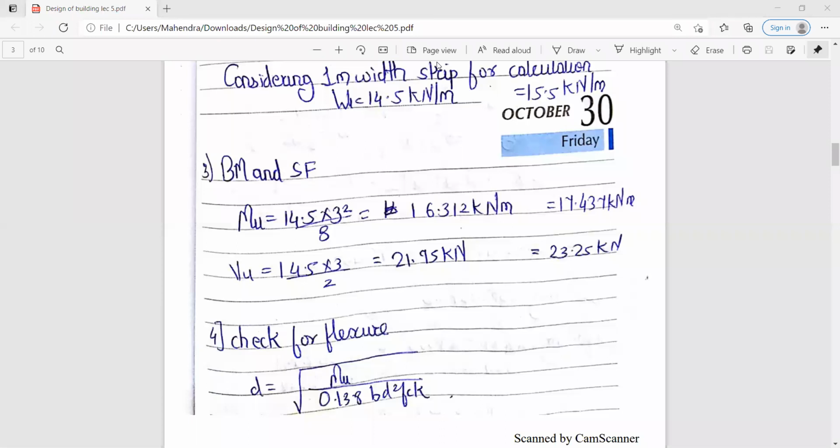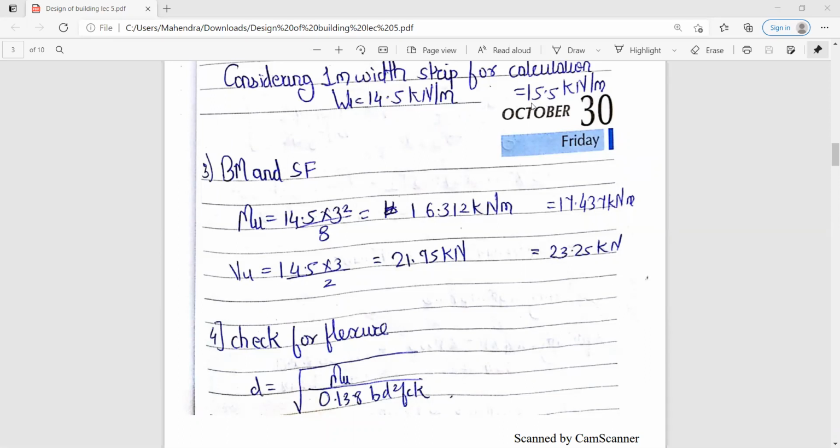In the plan, the S3 lies for the 3 meter length. So L we are going to consider as 3. Load we just calculated, that is 14.5 into 3 square by 8. So हमें bending moment मिलेगा 16.312 kilonewton meter.